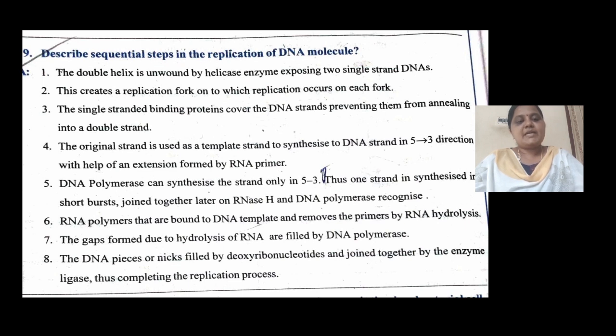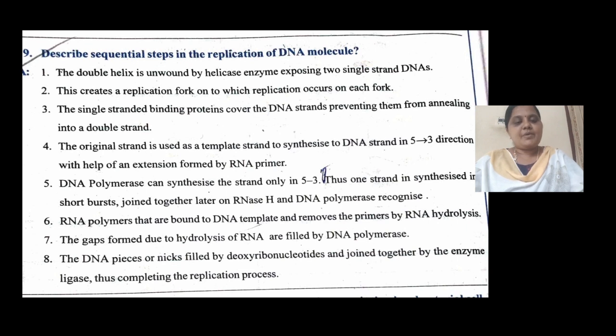The original strand is used as a template strand to synthesize 2 DNA strands in the 5 to 3 direction with the help of an extension formed by RNA primer. This DNA polymerase can synthesize the strand only in 5 to 3. Thus, one strand is synthesized in short bursts, joined together later by RNase H and DNA polymerase.